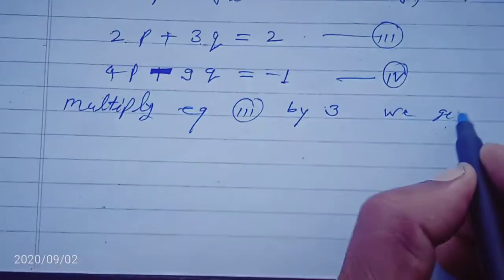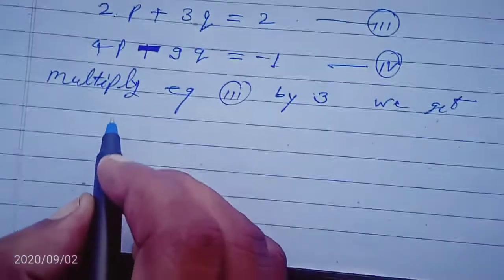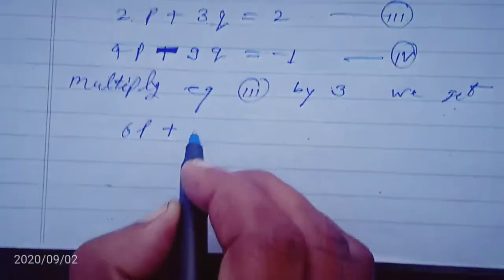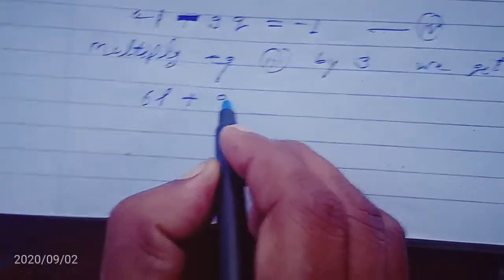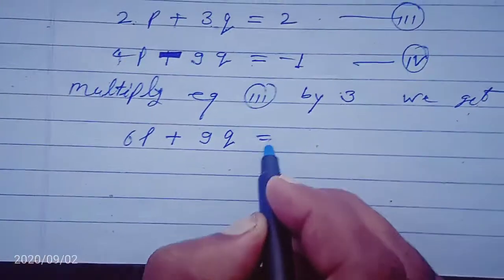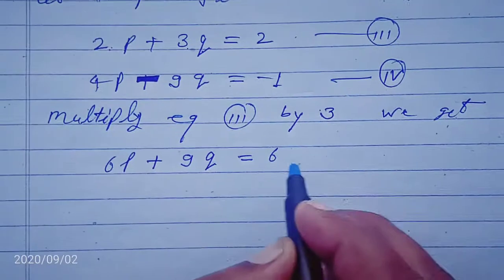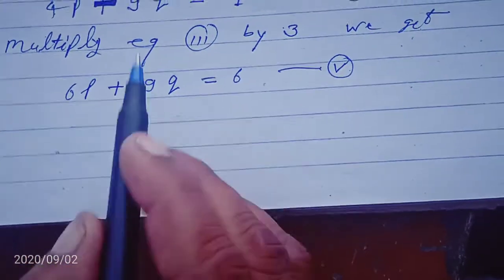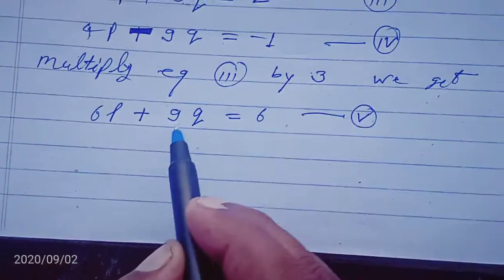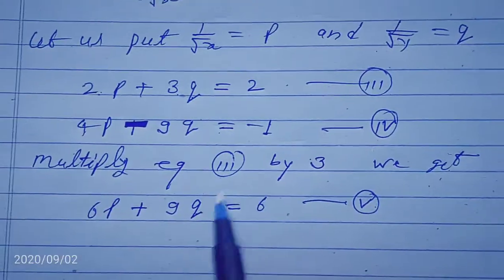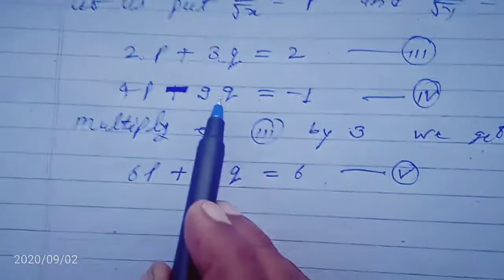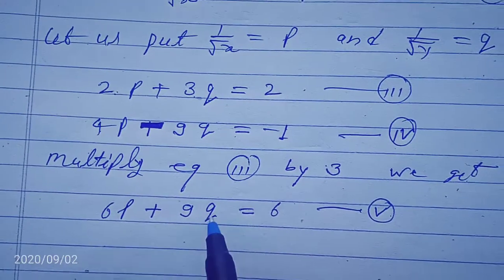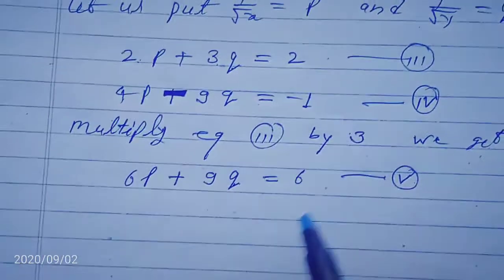We get 6p plus 9q is equal to 6, equation fifth. Now in equation fifth we have plus 9q and in equation fourth minus 9q, the signs are different, so add the equations to eliminate q.